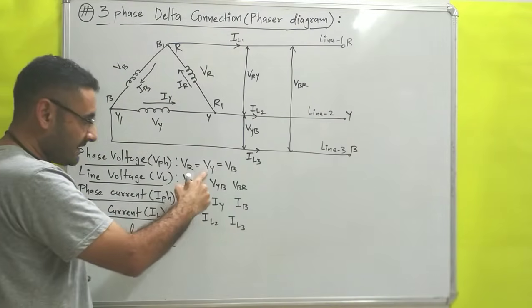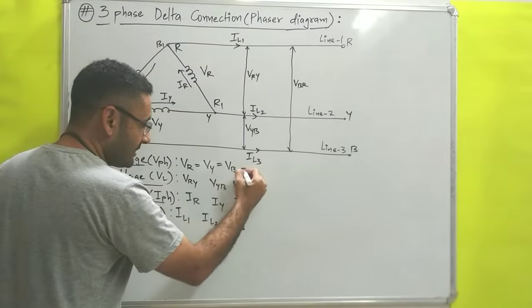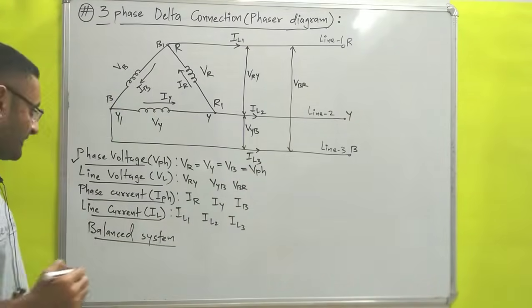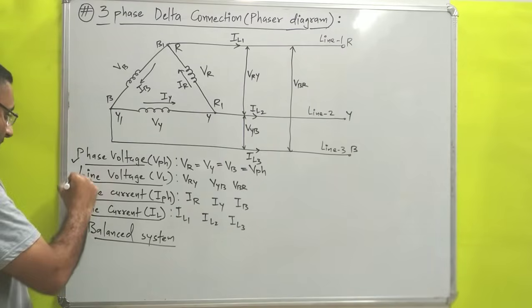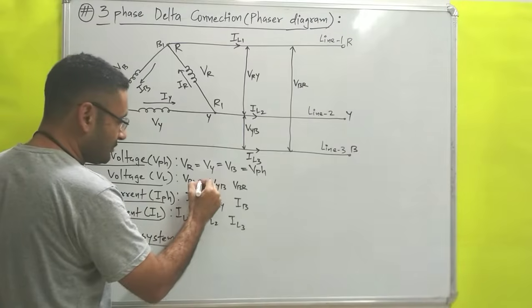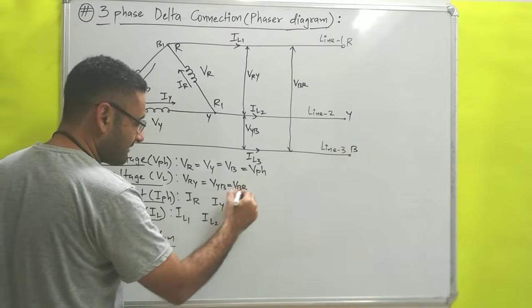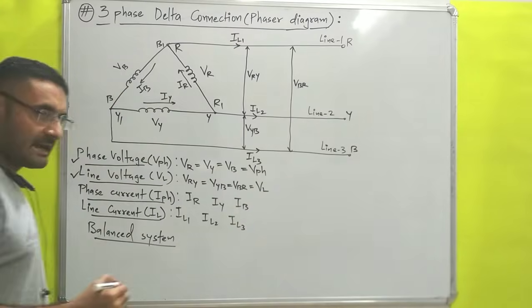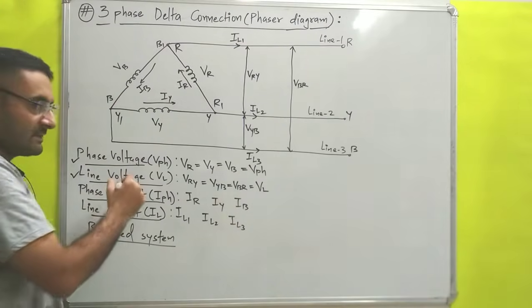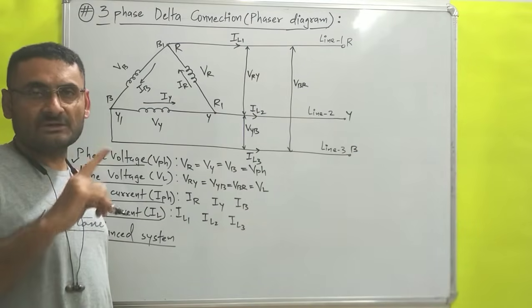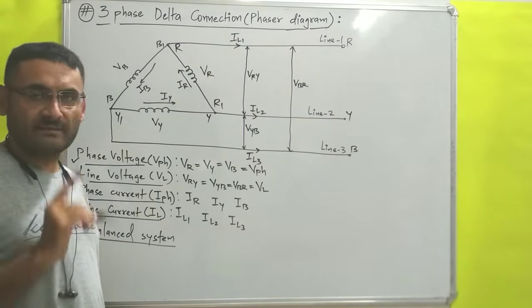That means VR equals VY equals VB, which equals the phase voltage VPH. And for the balanced system, the line voltages are also the same in magnitude. So VRY equals VYB equals VBR, which equals the line voltage VL. And all these voltages are placed at an equal electrical angle of 120 degrees, which is known as the phase angle.